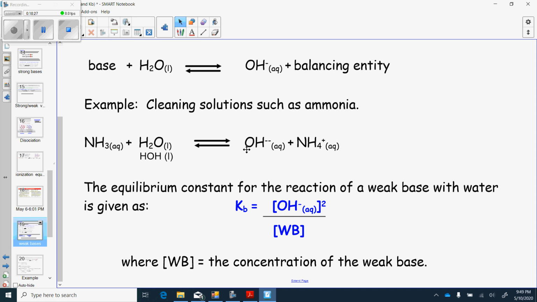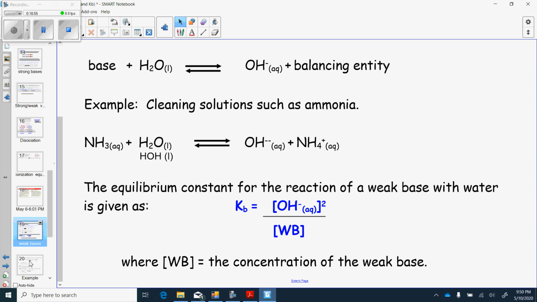So with these ions up here, it's always a 1-to-1 ratio. So if you know how much this is, the other is going to be exactly the same thing. So just to save time, OH negative squared. Here we used to have an HA for acids. Now we have a WB for weak bases. Okay, so weak base, Kb. Same process. It's the Keq for a basic dissociation as opposed to an acid ionization. Okay?